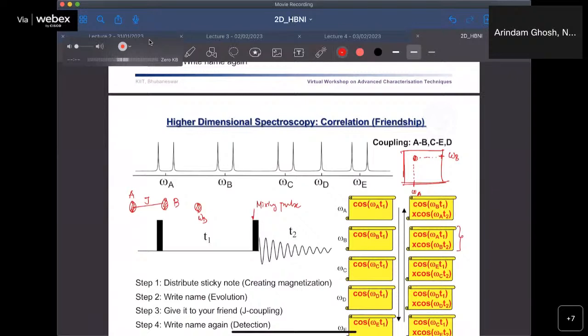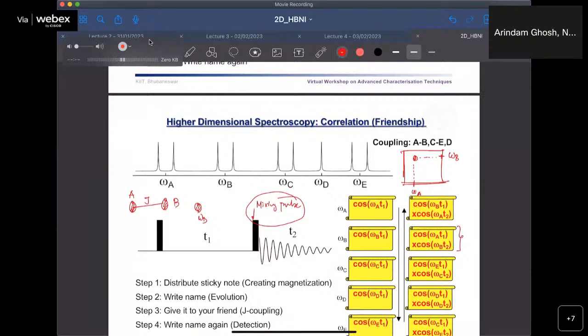So basically for any 2D, the main thing is this particular mixing time. This mixing will take the coherence or magnetization from one particular spin, and put it to another spin. Now this particular transfer can be done with different things. If it is done with J coupling, then this 2D will be called COSY, correlation spectroscopy.